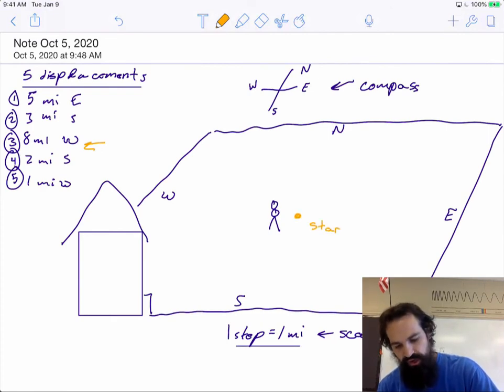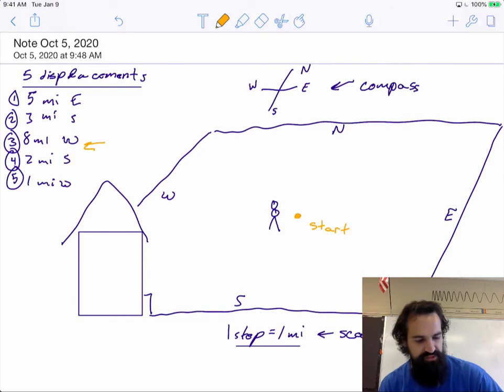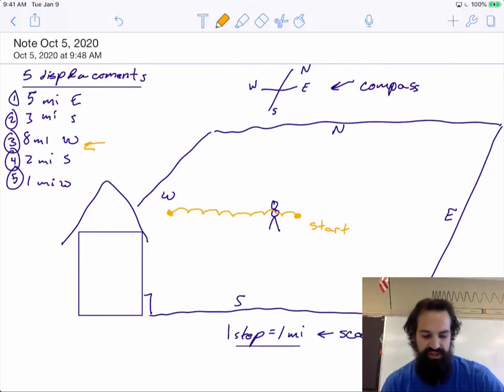So I'm going to start here, and then I'm going to walk one of my displacements, 8 miles west. And because I chose 1 step as 1 mile, I'm going to take 8 steps to the west. 1, 2, 3, 4, 5, 6, 7, 8. And try to be consistent with your steps as you go. So now I've done number 3. I'm going to cross it off so I don't do it twice.